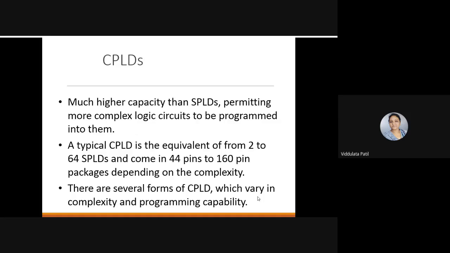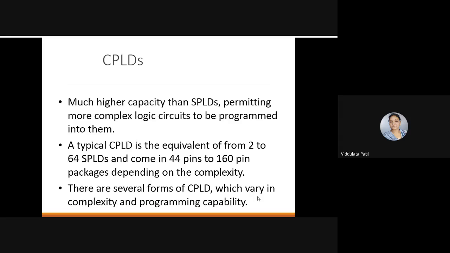Then CPLDs have much higher capacity than SPLDs, so they are a little bit more complex, permitting more complex logic circuits to be programmed into them. A typical CPLD is the equivalent of 2 to 64 SPLDs and comes in 44 pins to 160 pins packages depending on the complexity.